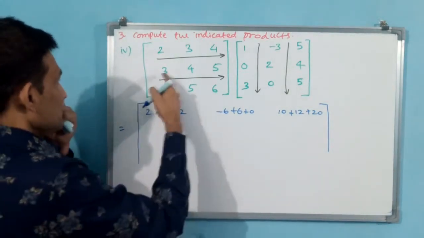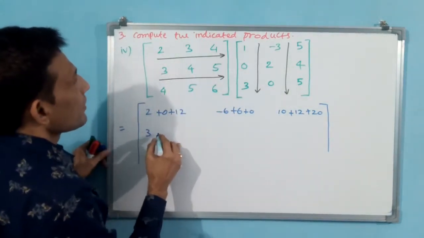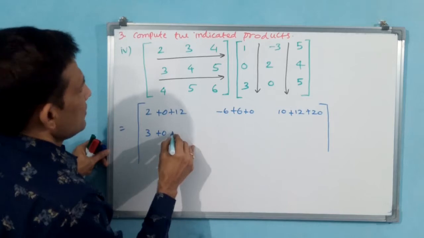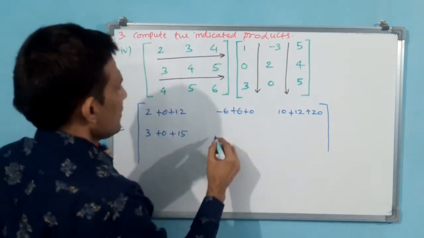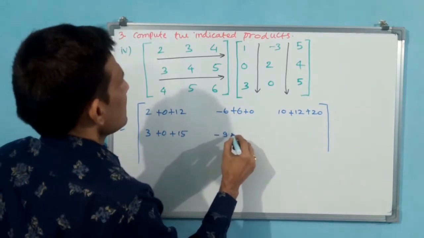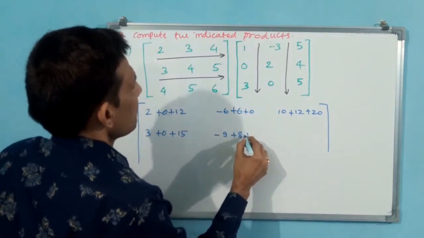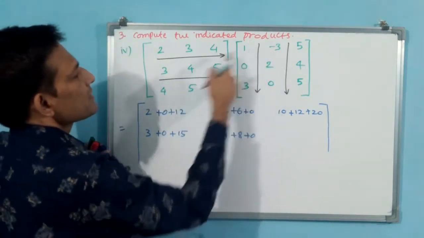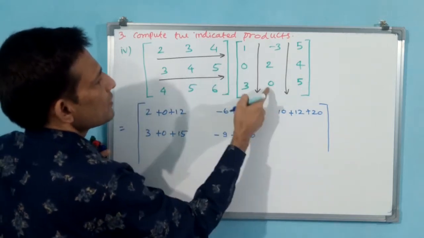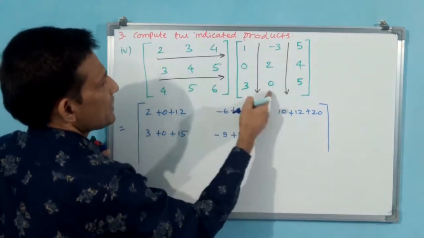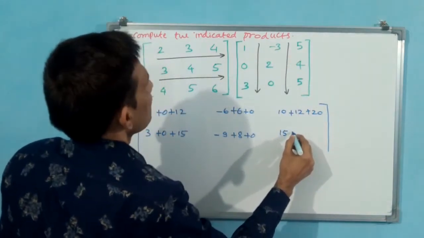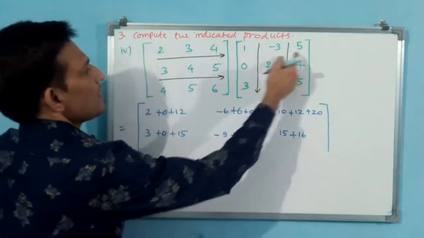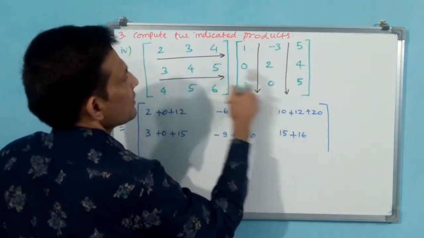Now 3 plus 0 plus 15. Now minus 9 plus 8 plus 0. Why? Because 3 into 3, minus 9 plus 0, sorry, not plus 8 plus 0. Now 3 into 5, 15 plus 16. You see 5, 15, 16, then 25.